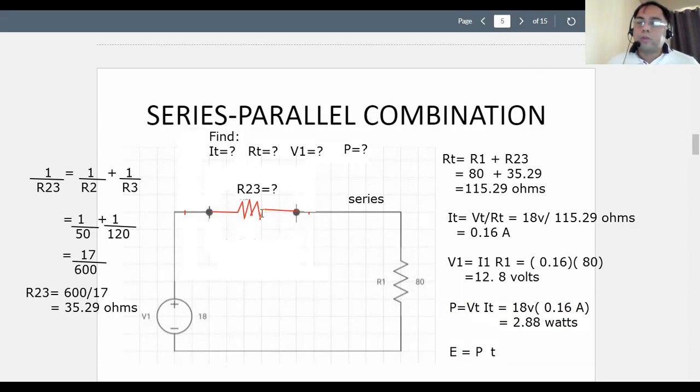So we could not go directly to find the circuit, because we have to identify first which portions are connected in series and which portions are connected in parallel. If you see a parallel connection, I think that's the best place to begin your analysis. Any portions that are connected in parallel should be combined first before you go to any series connection. Maybe that's the rule of thumb.